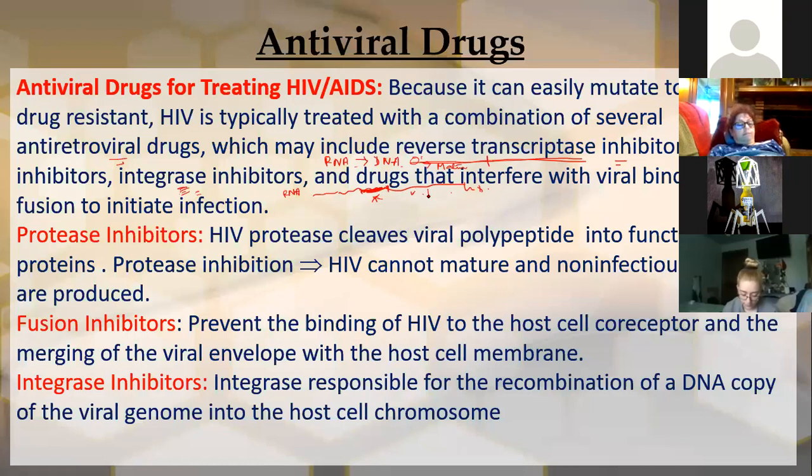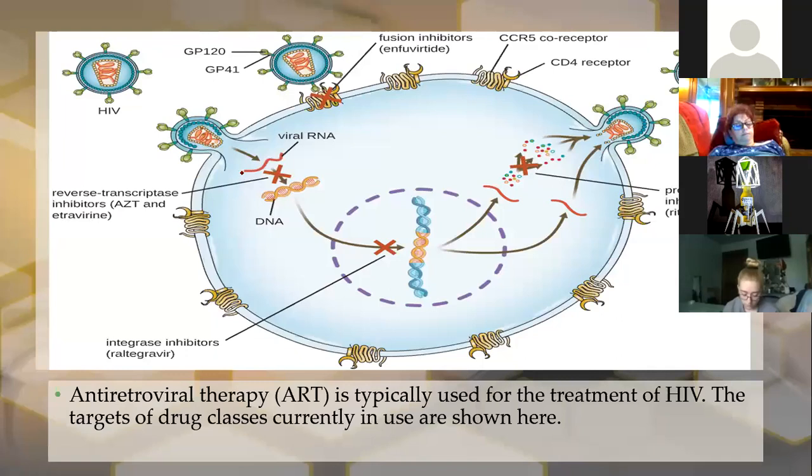If they cannot be part of the human DNA, then they cannot make more viral material. Reverse transcriptase first helps make DNA from RNA, and integrase does the joining. So those things are inhibited, and that's how we work with antiviral drugs.